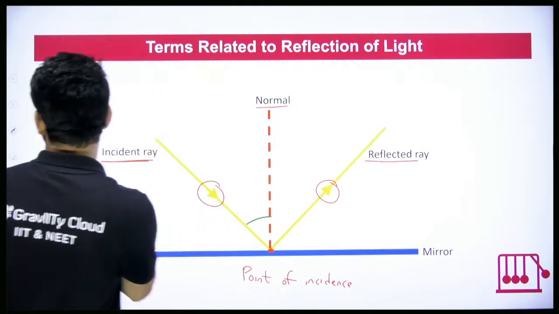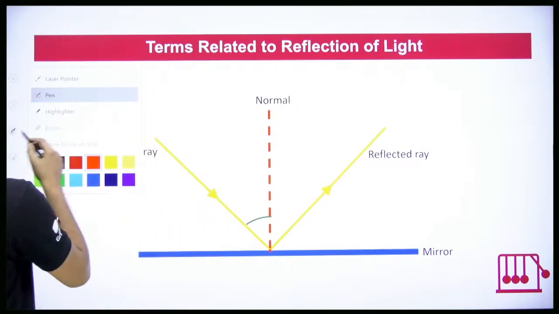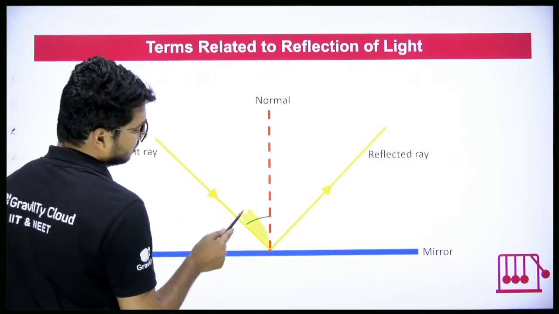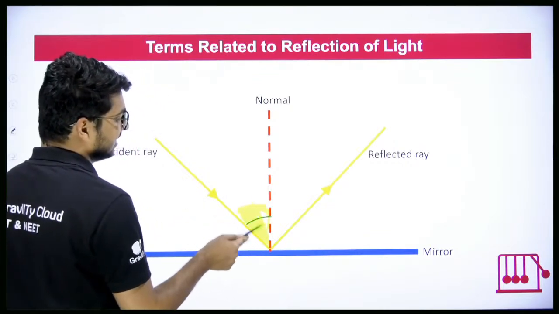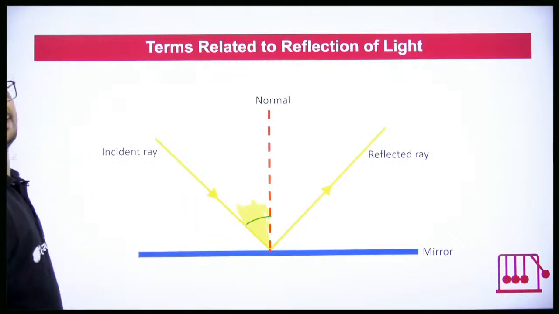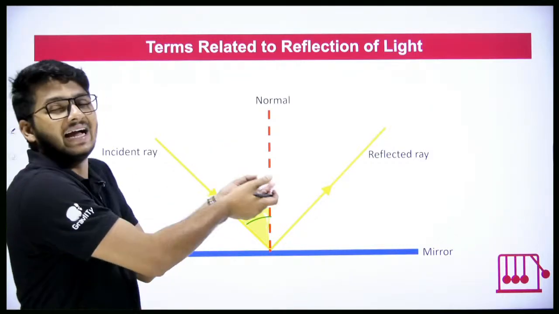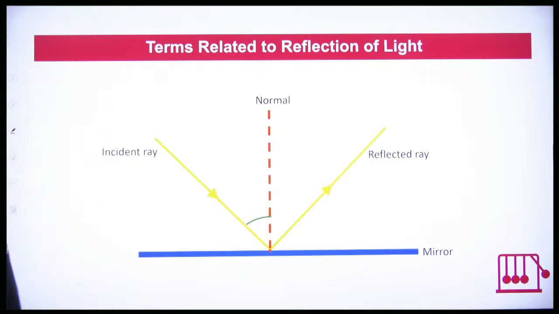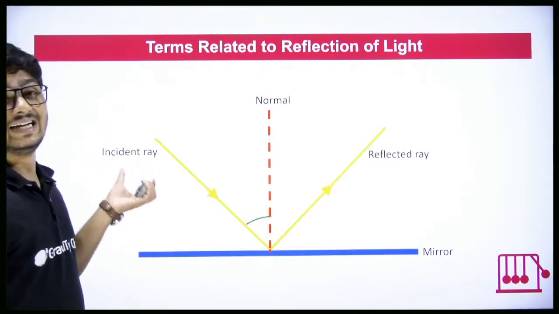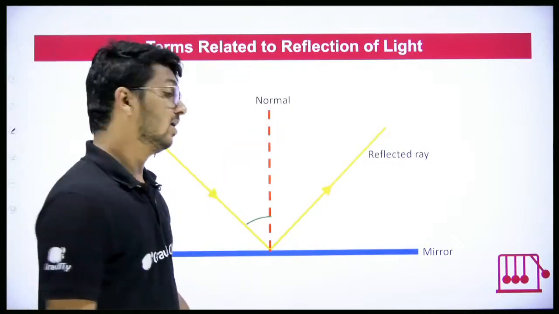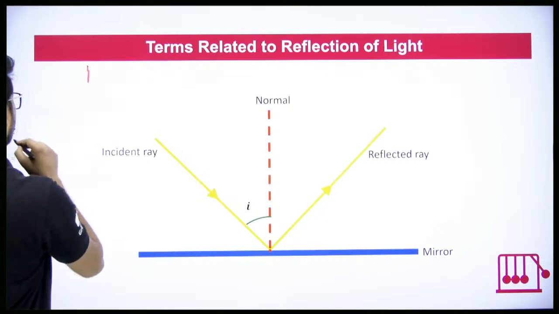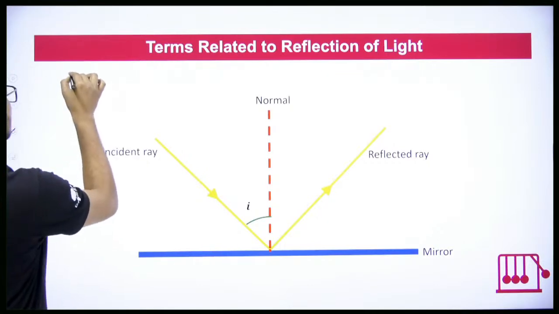Now comes the interesting part. This angle. Told you, right, the separation between two lines can be measured using angle. So what about this angle here? The separation between the incident ray and the normal. What is the angle between the incident ray and the normal? It is called as angle of incidence. I is what?